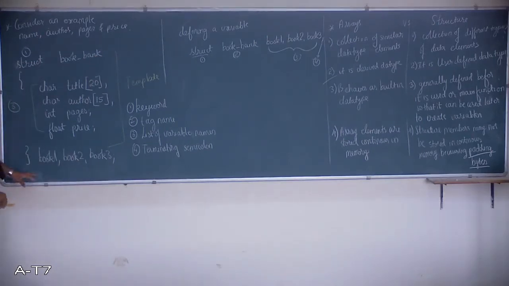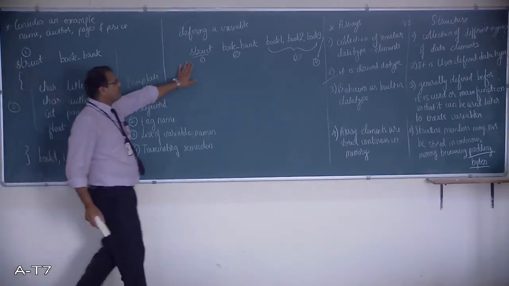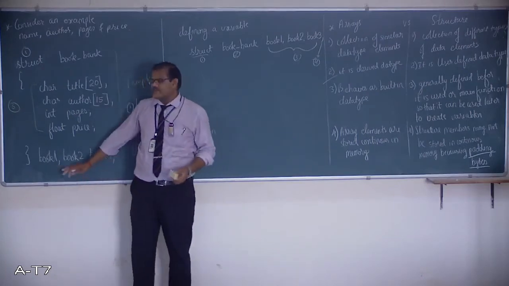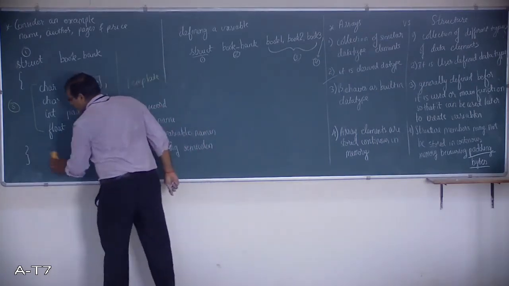Okay, so this tag name gives me the flexibility that I can use the structure anywhere. I need not come back to the template, add the variables and then use. Using this method, I can declare it anywhere in my program. I need not always declare in the template. So I'll just keep it this way.